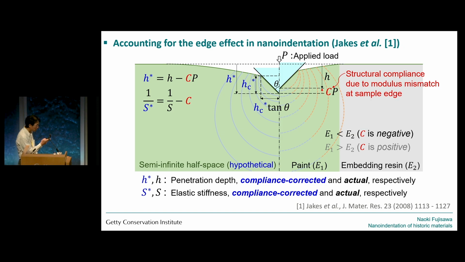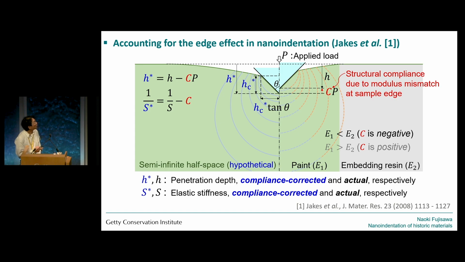So in this example, the indent is positioned close to the embedding resin, which, by the way, has a 10 times higher stiffness, so the displacement of material in this region is restricted by this higher stiffness of the surrounding material.